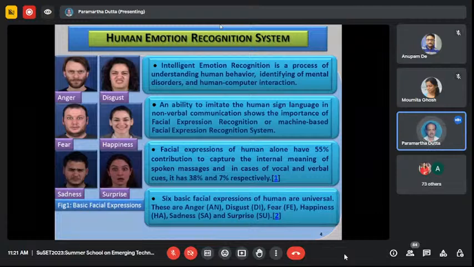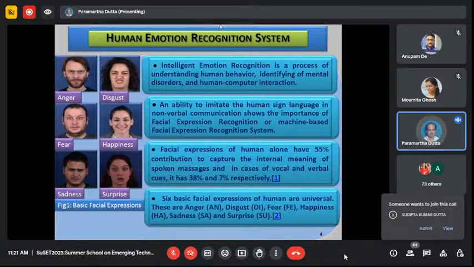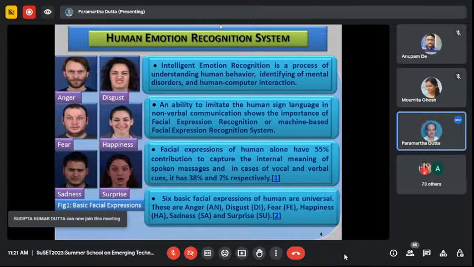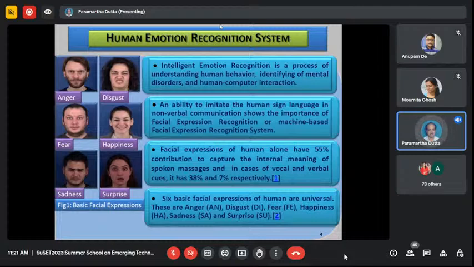Now, one of the classifications, in fact the most popular classification, of the different emotional states of a human being identifies them as one of 6 categories: anger, disgust, fear, happiness, sadness, and surprise. Apart from the neutral face image, or neutral emotional situation, that a human being may be in.